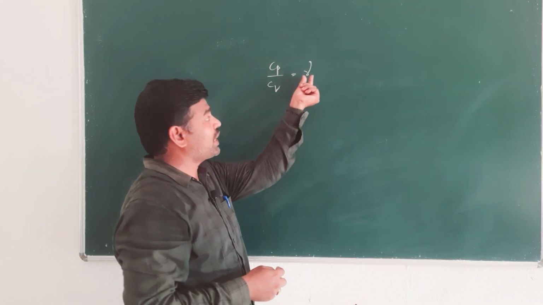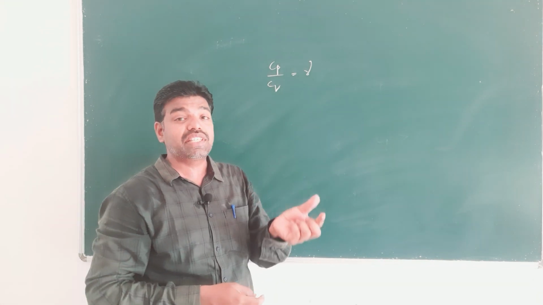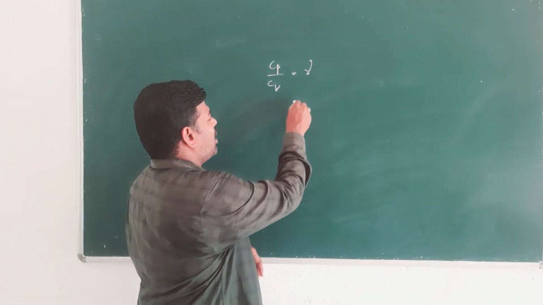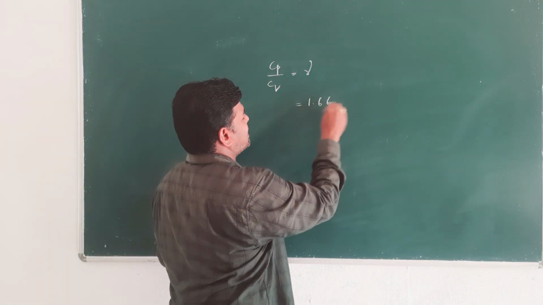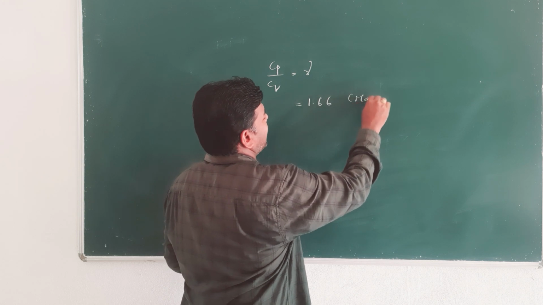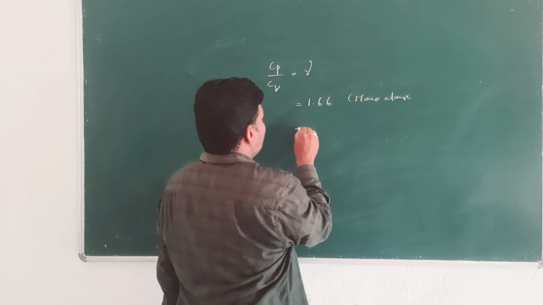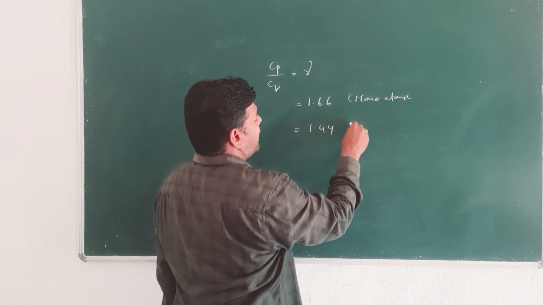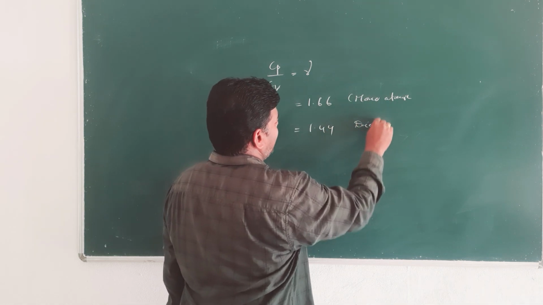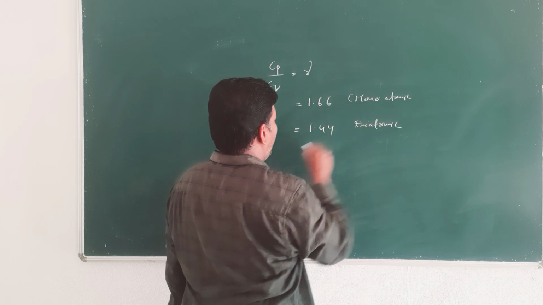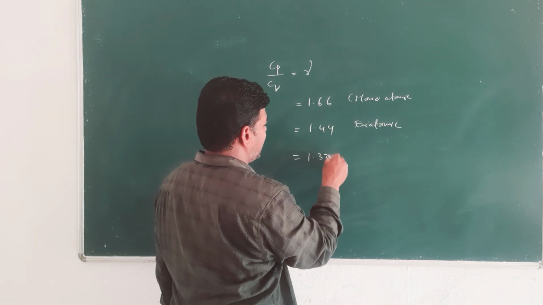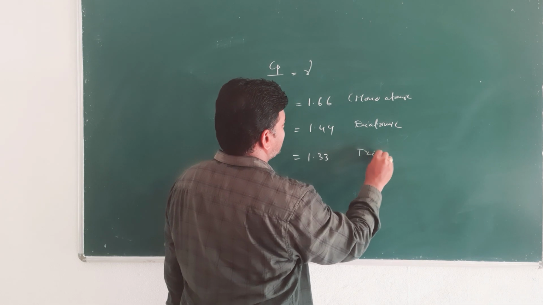This value gives the information of the atomicity of the gases. If it comes out to be 1.66, that is a monoatomic gas, right? If it is 1.44, it is a diatomic gas. And if it is 1.33, it is a triatomic gas.